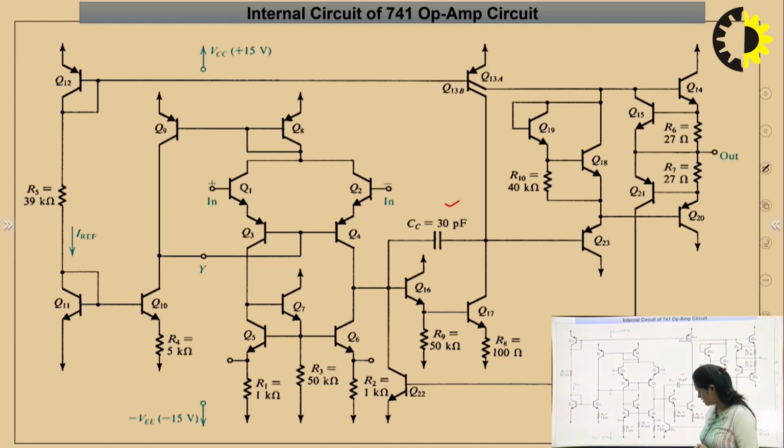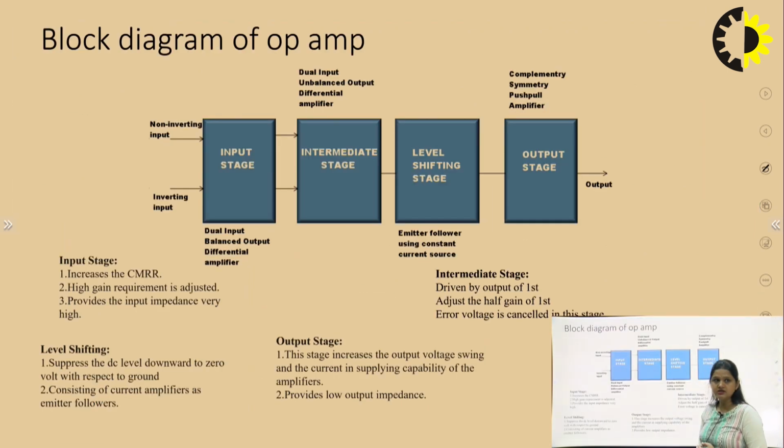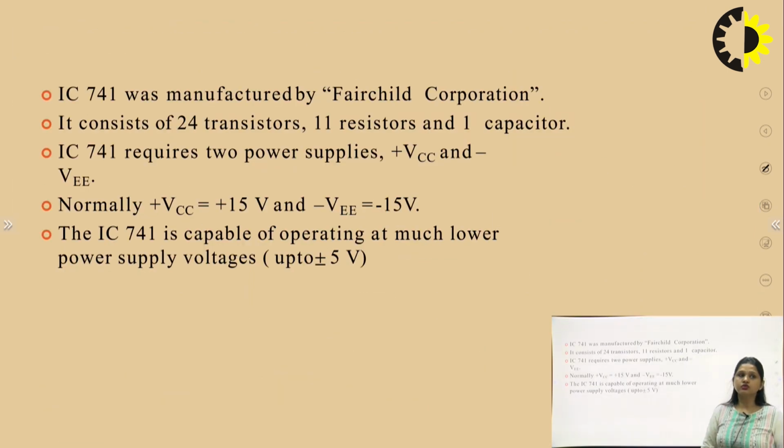Before starting the DC analysis, first you should know the basic device parameters of 741 IC, so that we can do the calculations. Basically 741 is manufactured by the Fairchild Corporation. There are different companies which manufacture the 741 IC or operational amplifier IC, but specifically 741 is manufactured by Fairchild.